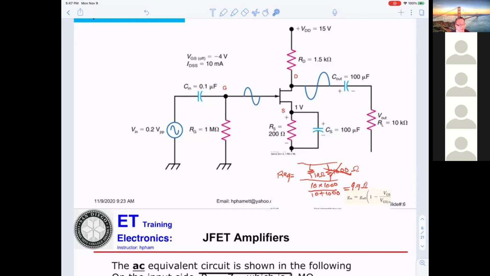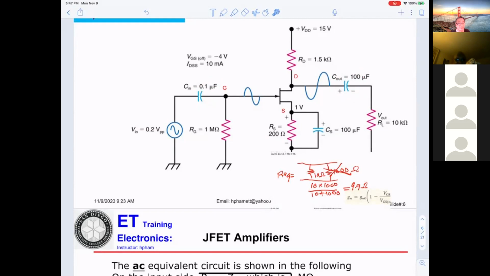That means it allows the AC to pass, but blocks the DC. The same goes for the other resistor-capacitor pair.